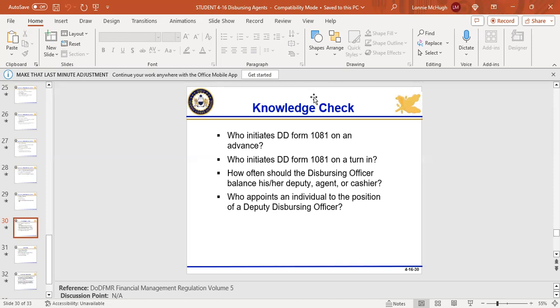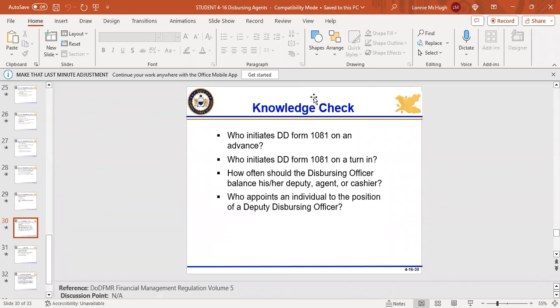Disbursing officer. Absolutely. Who initiates the DD form 1081 on a turn in, which is from the agent to the dispersing officer? Would that be the agent? Absolutely.